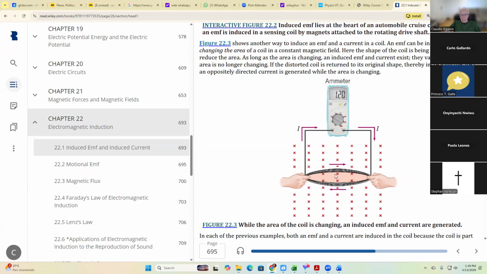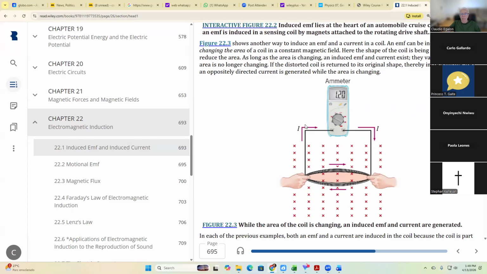If I pluck this wire here, make it move back and forth, just like the strings of a guitar, what's going to happen? What's going to happen is that the area that is subjected to this magnetic field is going to change, okay? The area of this coil is going to change.